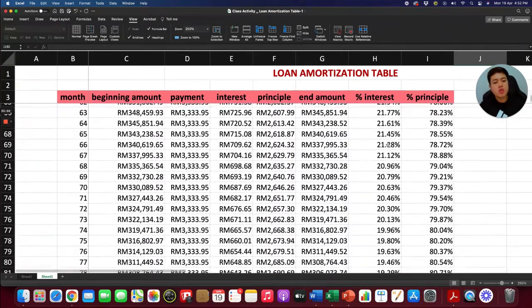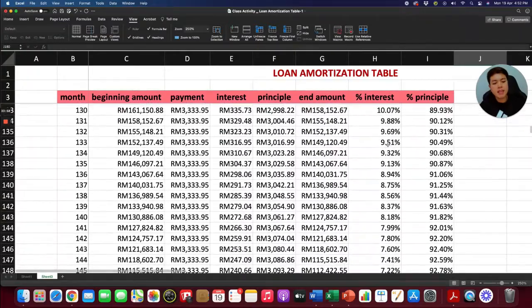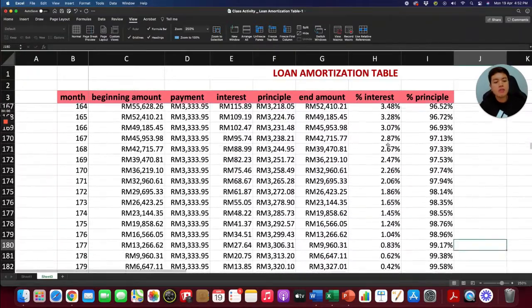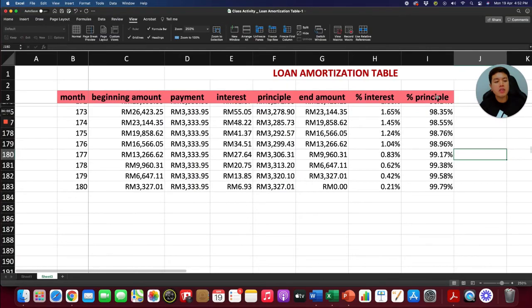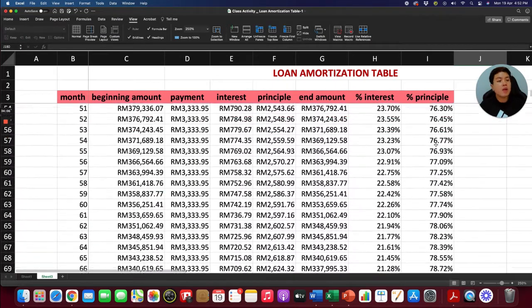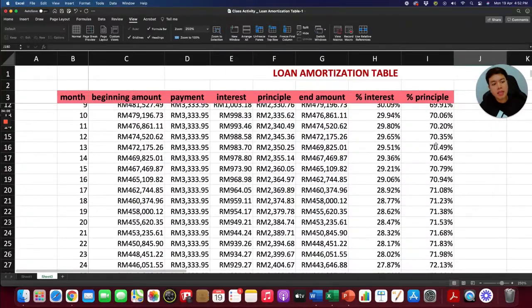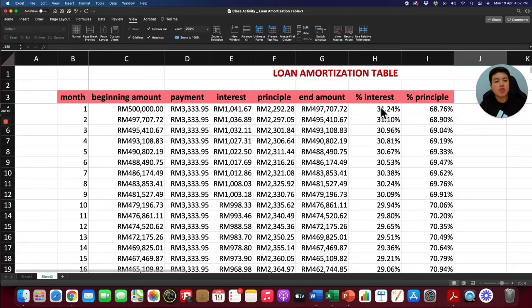As you go to the next month, your interest figure will be further lowered, and your principal amount will be further increasing. What I'm trying to tell you is that this is how the bank makes money, because they charge you more interest in the earlier months. That's how they make money.